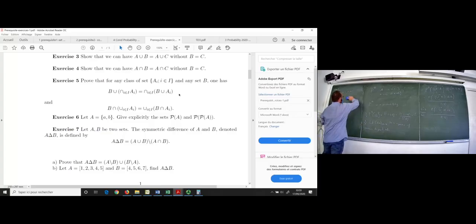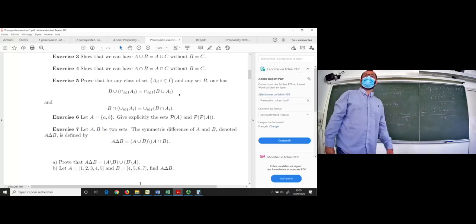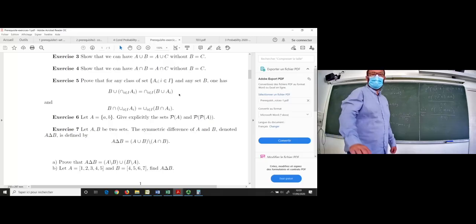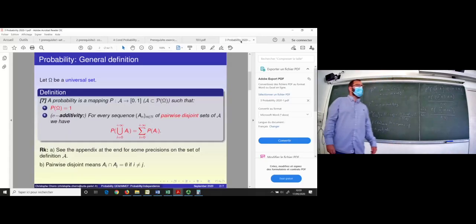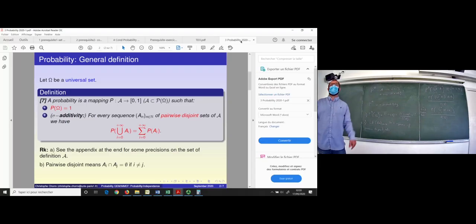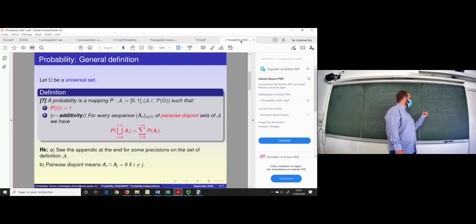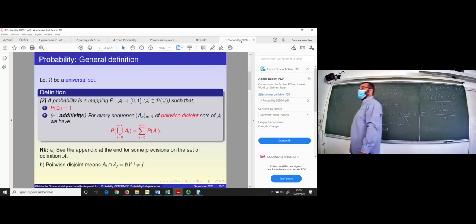For the moment, there is something that I haven't used, and that is important. I haven't used the fact that P itself is a probability. That is something that fulfills what is written on the slide here. But if I want to use a formula concerning P of the union, I have to come back to the definition, and I have a nice formula if they are pairwise disjoint.